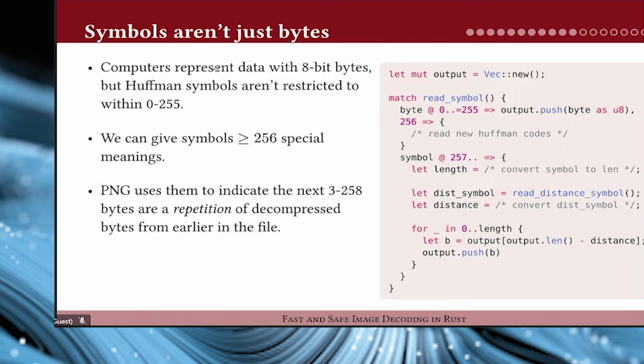You get a length from one Huffman code, and then you run a Huffman decoder again, get another symbol, and that symbol says how far back in the stream you should go to start copying bytes.